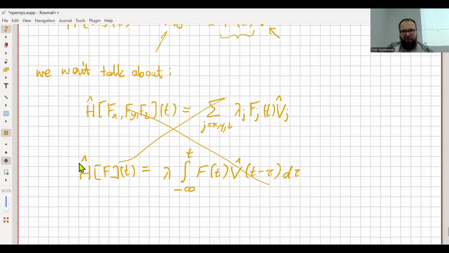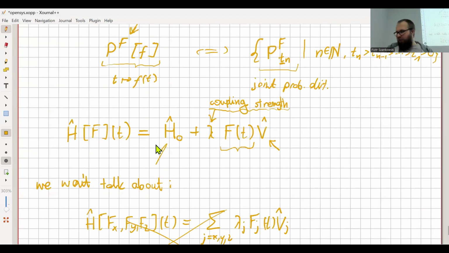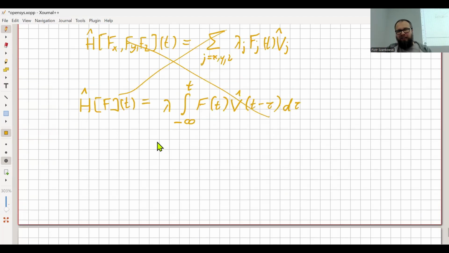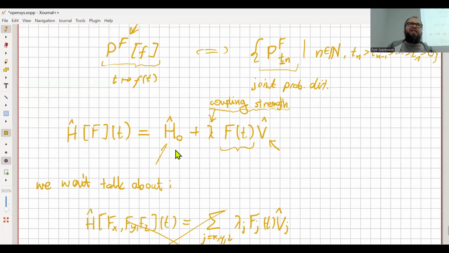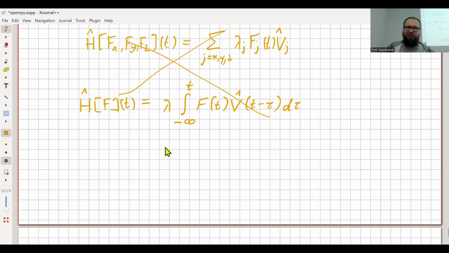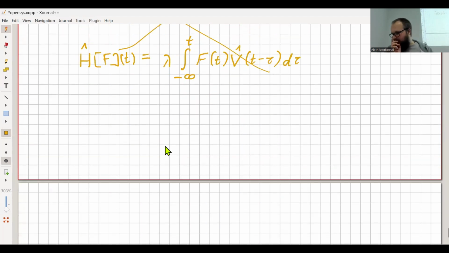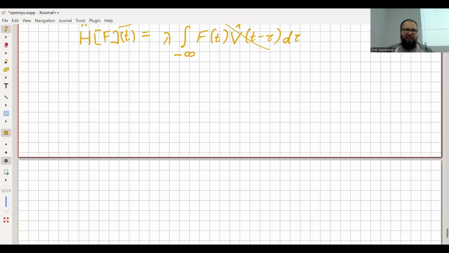And now, once you decide on this form, you can show that the description in terms of joint distributions is just straightforwardly natural for this kind of problems. And to see it, let's take a stochastic map.